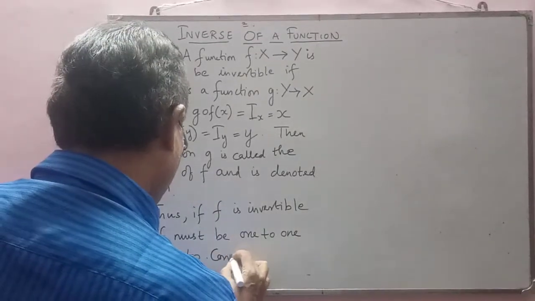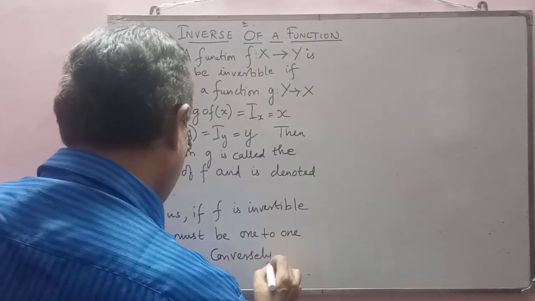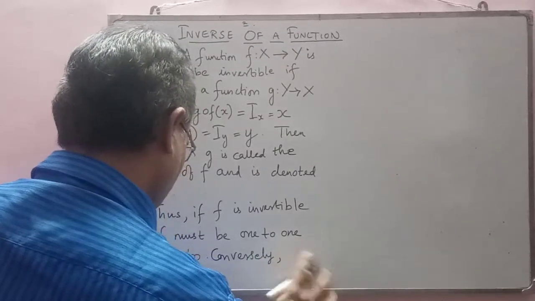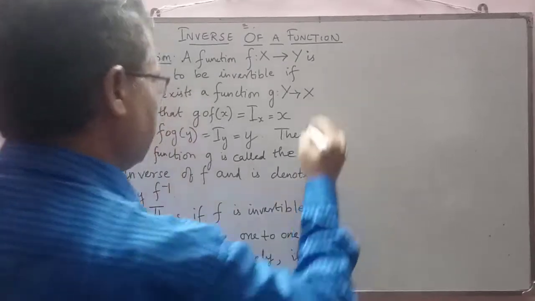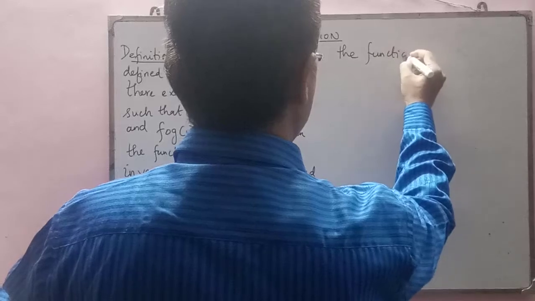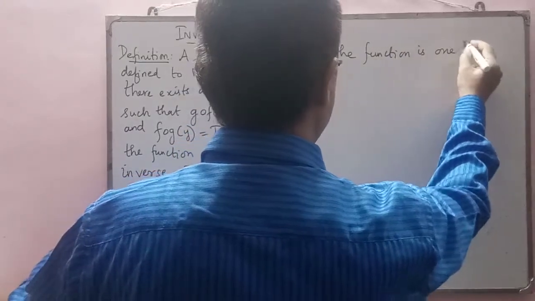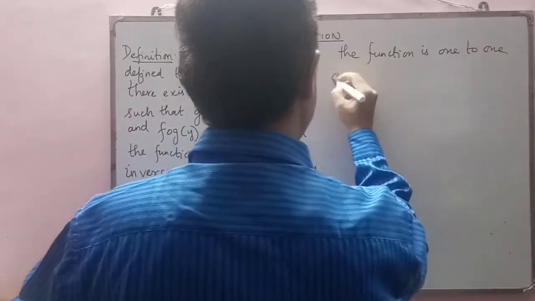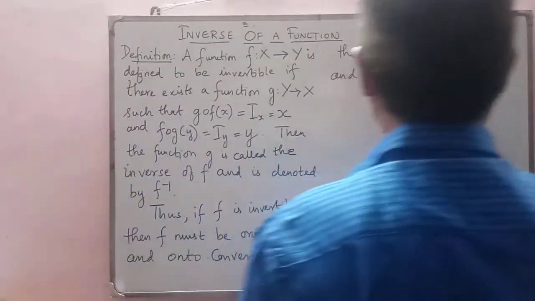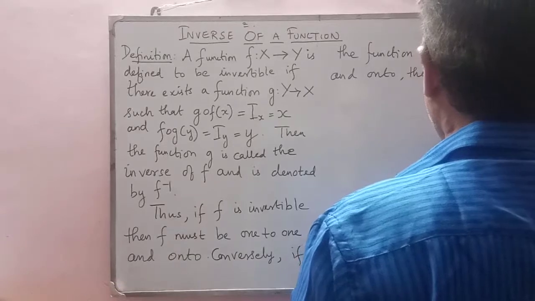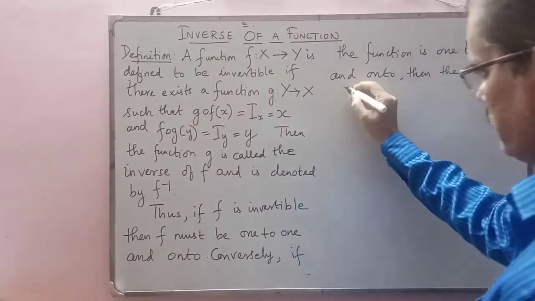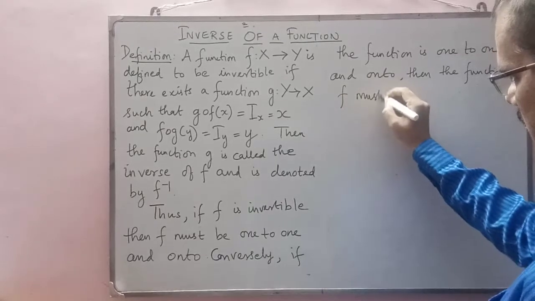Conversely, if the function is 1 to 1 and onto, then the function f is invertible. f must be invertible.